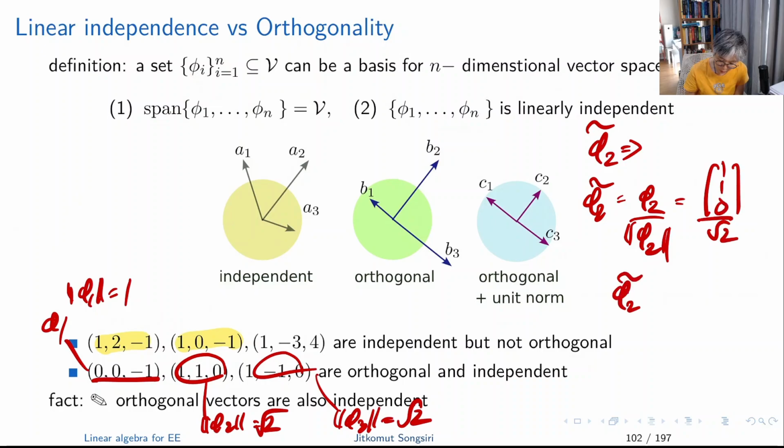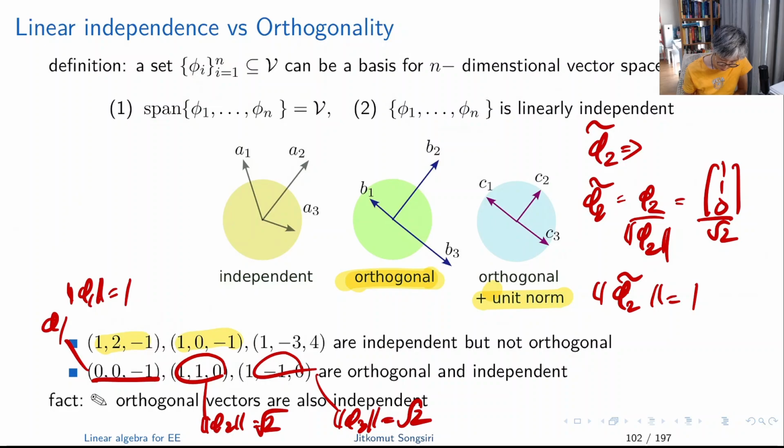You can see that phi tilde now has a unit norm. So we may be interested in a set of vectors that are not only orthogonal, but also have a unit norm. Okay, so these are the properties that we now have in hand.